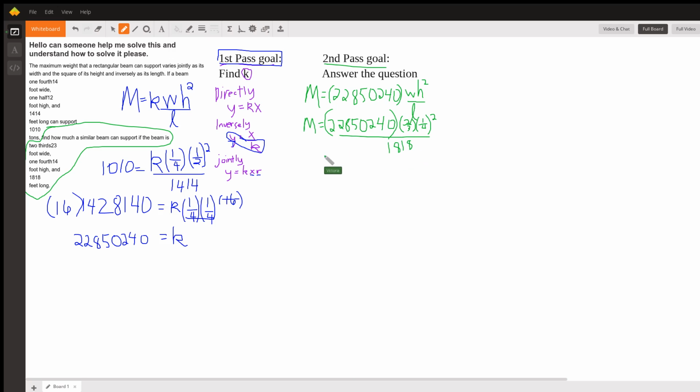So the maximum weight this beam can support, when you put all these numbers in your calculator, I get that this is 523.7, and the weight is in tons. And so I think that's your answer.